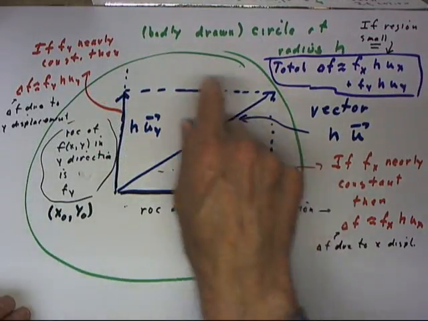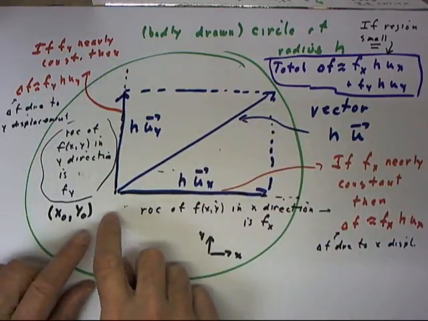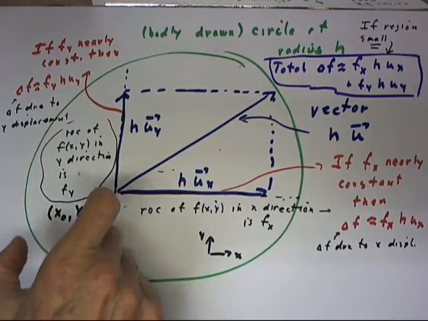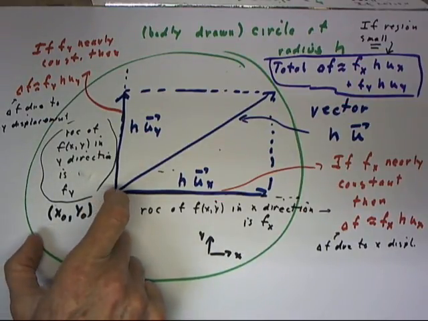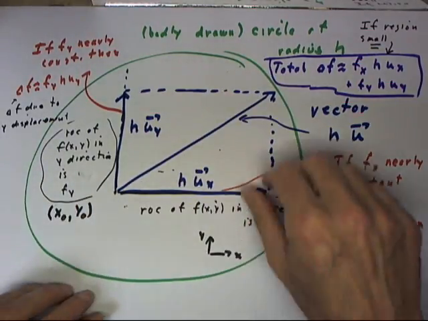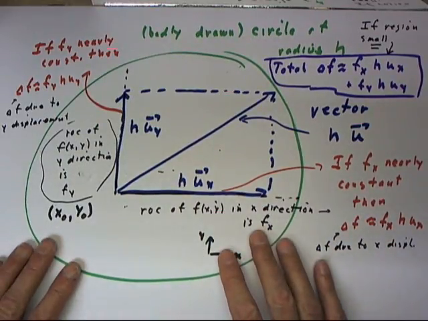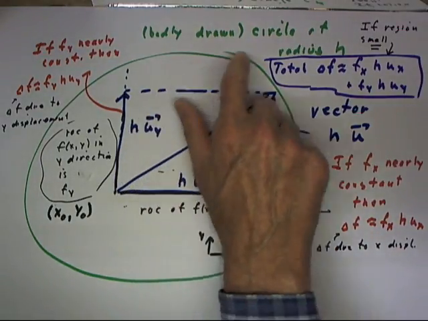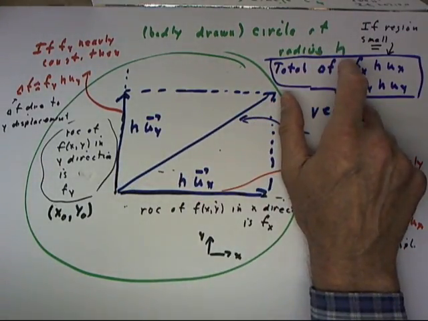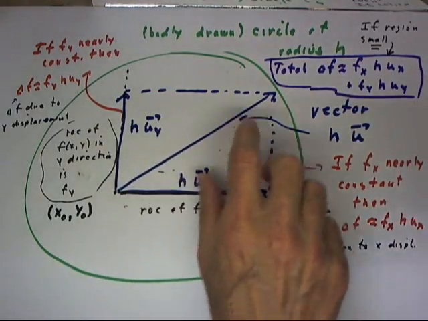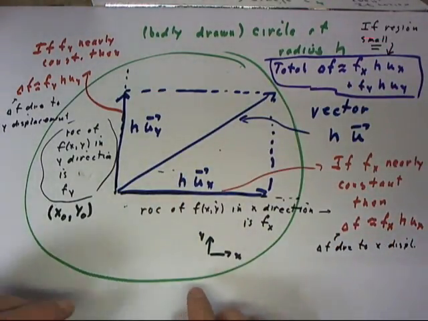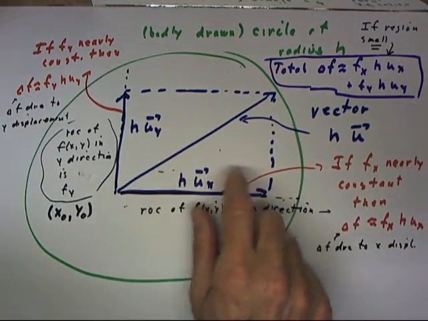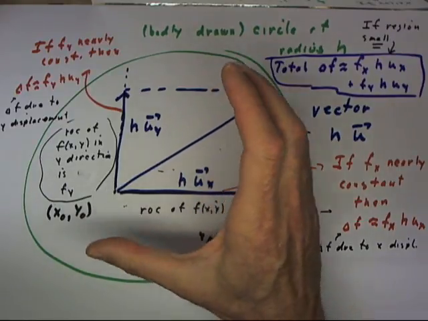Here we have something that's supposed to represent the small circle around x naught, y naught. Clearly this is not a well-drawn circle. It's much closer to x naught, y naught here than it is here, but we're going to understand this to represent a circle. We can make the radius h of this circle as small as we wish, so that we can limit, let's say, the percent by which our fx and our fy can change over this region.